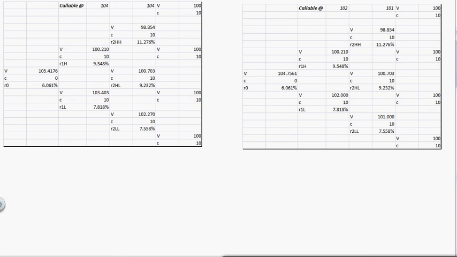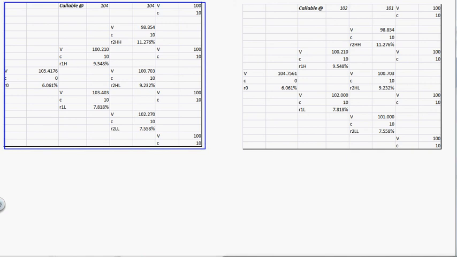Okay, so first let's take a look at this bond right here. I'm saying that this bond is going to be callable at 104% of par in 1 year and 104% of par at year 2. So this is a 3-year 10% coupon bond.